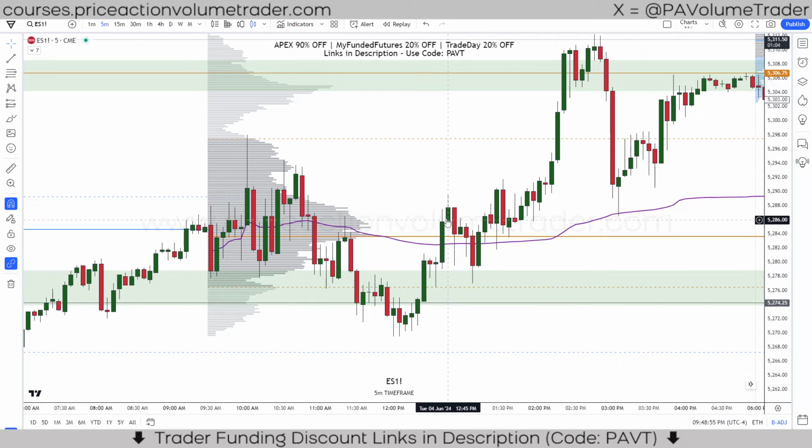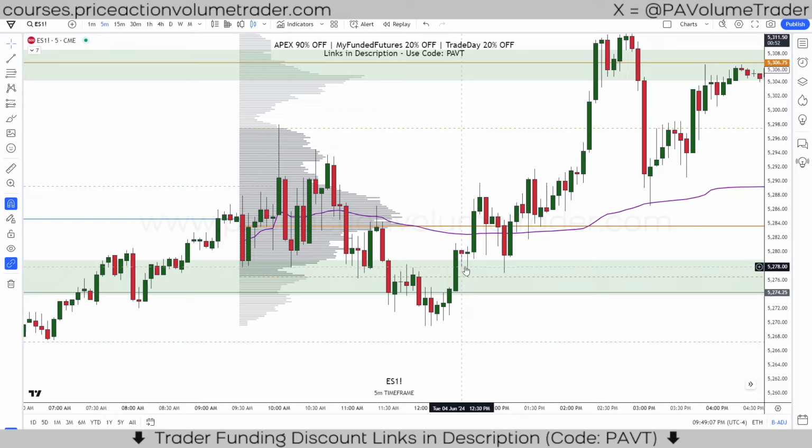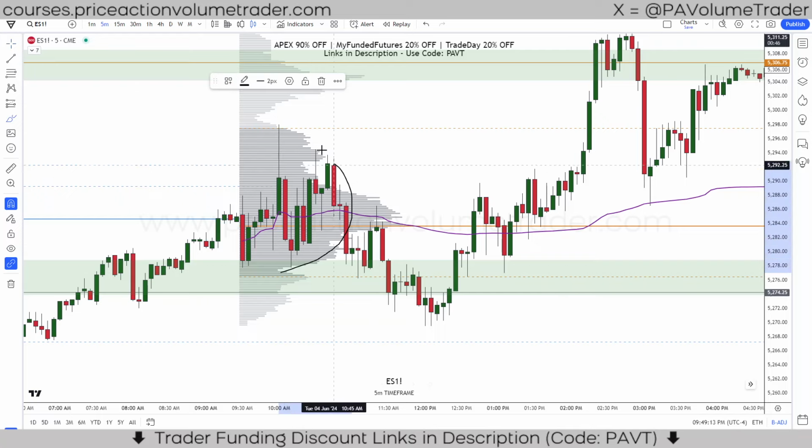But then you can see how we broke above, and then we continued holding. We did come back for a second retest here. And again, you can see that these areas, when you get these divergences, these areas will tend to hold on retests. And again, we're still also right at the bottom area of this node.